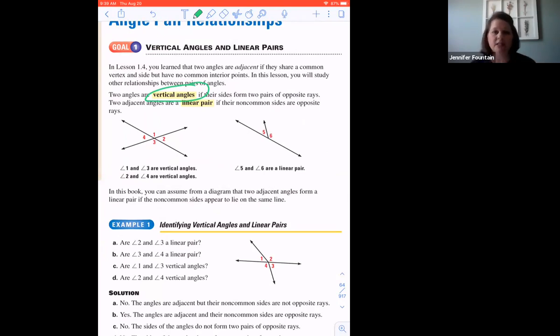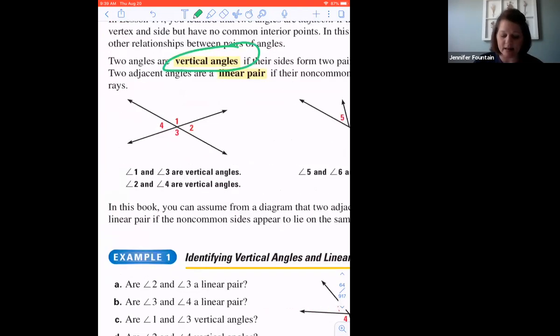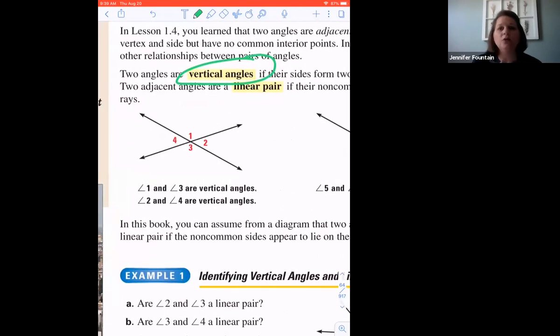Now, one of the things I want to tell you, y'all know I come up with all kinds of weird, silly things, and it may not make sense to you, but when I think of vertical angles, I am looking at this angle here, notice it forms a V. So whatever two angles have a V that's touching, those are vertical angles. Or they're opposite from each other.